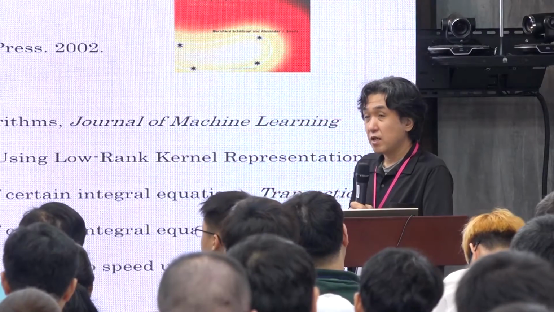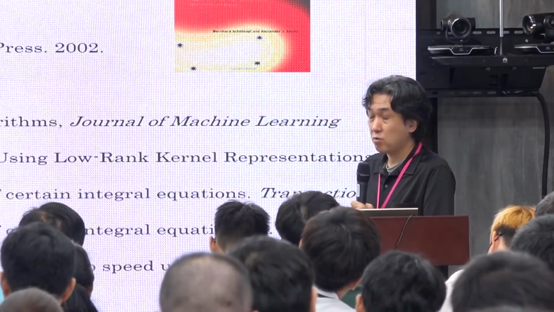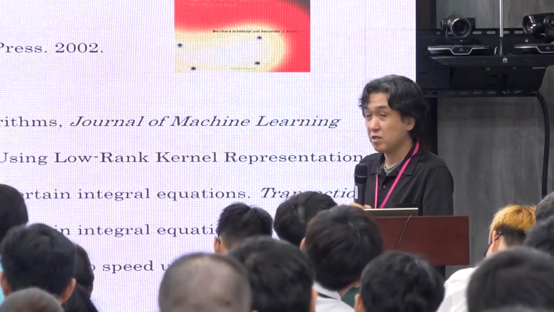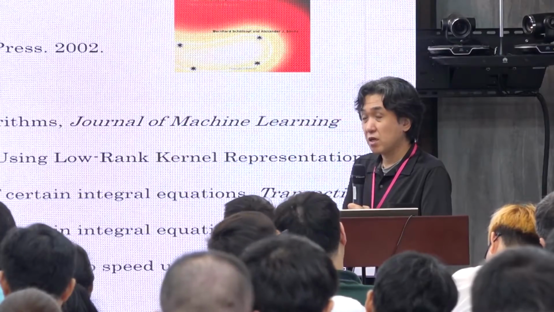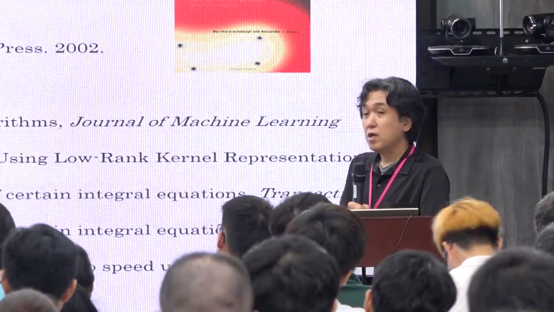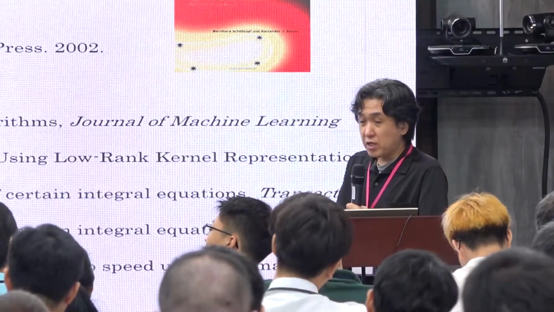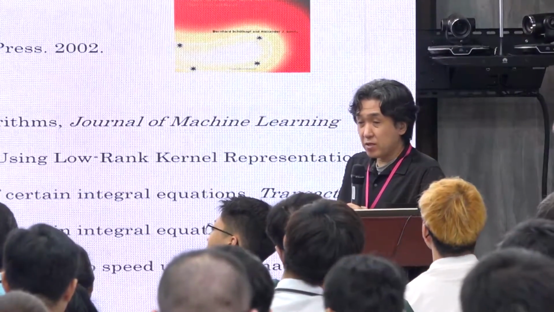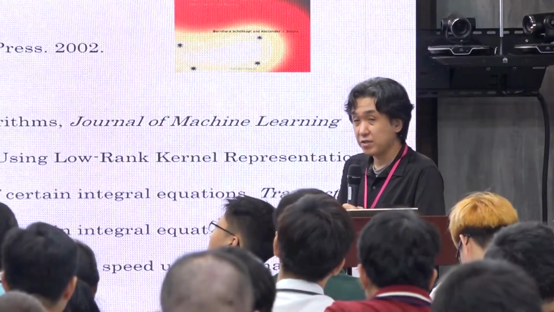Yeah, that's obviously testing with the validation data and simulating the test performance. So cross-validation is the best way to do it, but there are many other methods to learn the kernel or parameter in the kernel.